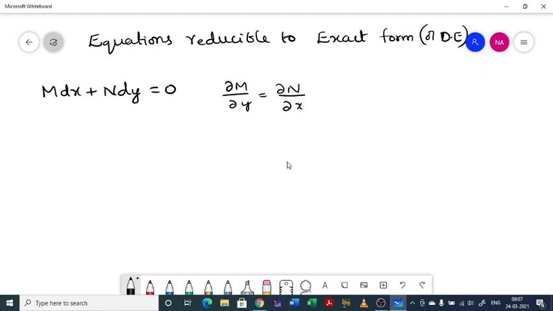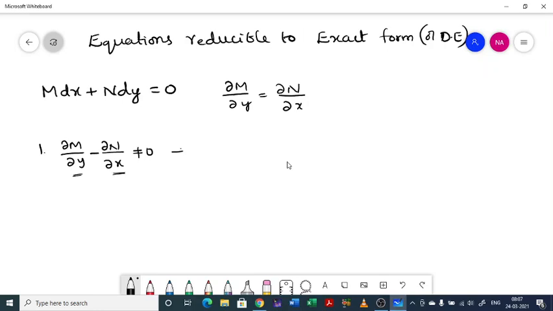Given a differential equation which is not exact, first identify M and N, then find ∂M/∂y and ∂N/∂x. Obviously the given equation is not exact, so ∂M/∂y will not be equal to ∂N/∂x, and hence their difference will not be 0. Then take their difference.